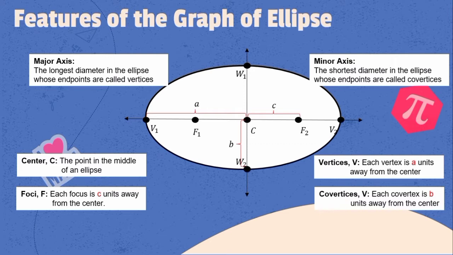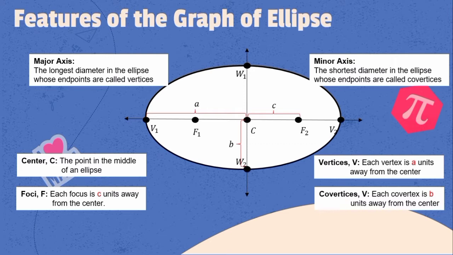Considering our ellipse here, our minor axis is this diameter. So as I've said earlier, circle is a type of ellipse where the major axis and the minor axis are equal. Let's now proceed to the other features of the graph of an ellipse.